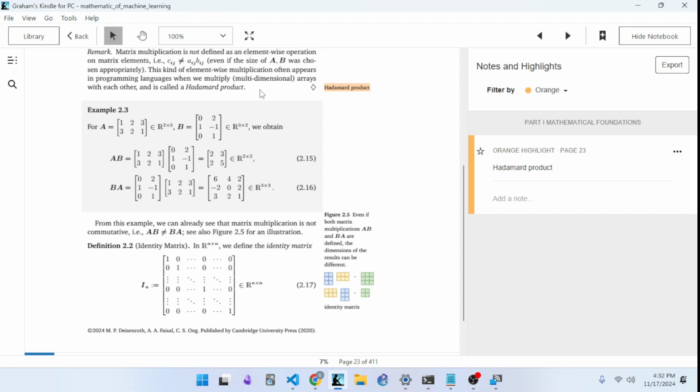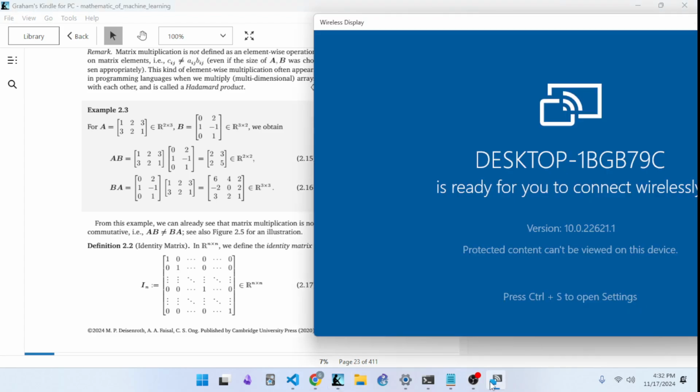Okay, so let's see. I don't need to share my tablet yet, but I'll get that going. Now there is an example here, so the examples can be useful.